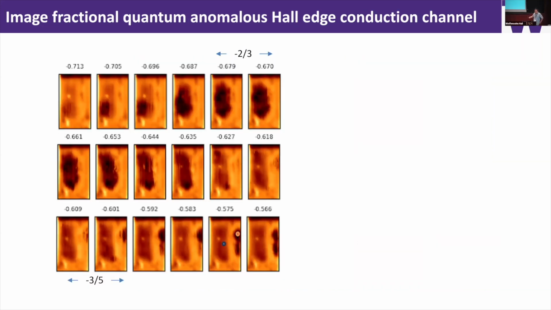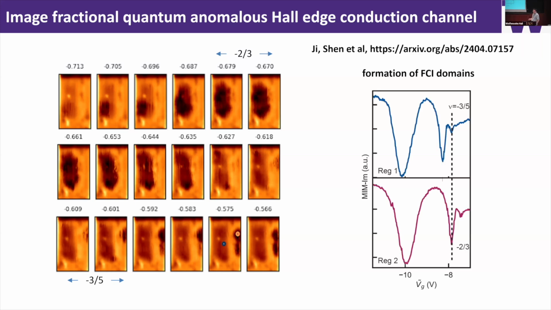The measurement can continue to the fractional filling regions. Near the fractional filling at -2/3, you see the bulk is quite insulating with a conducting physical edge, and the same happens at -3/5 filling. The contrast at -3/5 between the bulk and the edge is not as evident as at -2/3, because the gap of the -3/5 state is not as large as the -2/3 state.